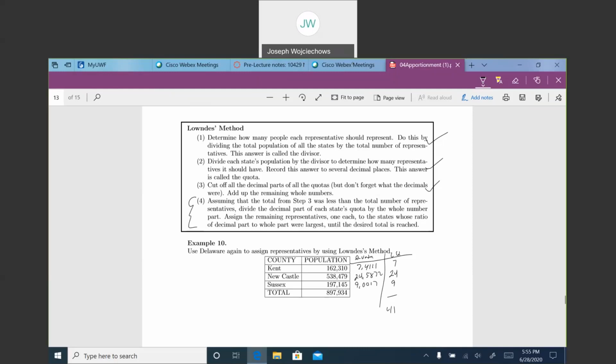So now let's look at step 4. Assuming that the total from step 3 was less than the total number of representatives, divide the decimal part of each state's quota by the whole number part. So what does that mean?